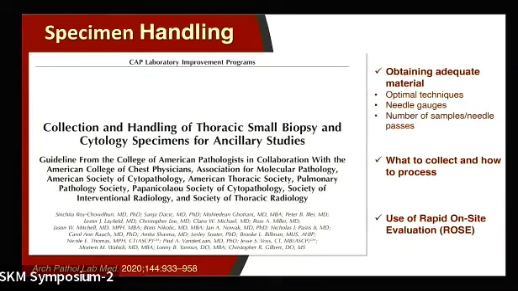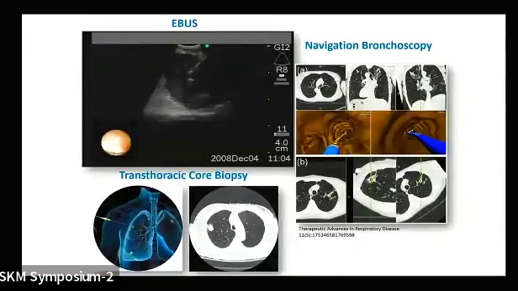And again, I want to emphasize that rapid on-site evaluation is very helpful, because if these procedures are done without interpretation in real time, then the final outcome of these are fairly unpredictable, because one doesn't know what one is obtaining in real time.